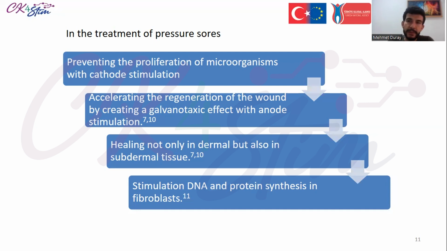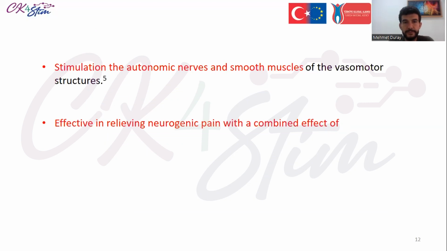In the application, healing is not only in the dermal area but also in the subdermal area. Stimulation of DNA and protein synthesis in fibroblasts are seen in the application.